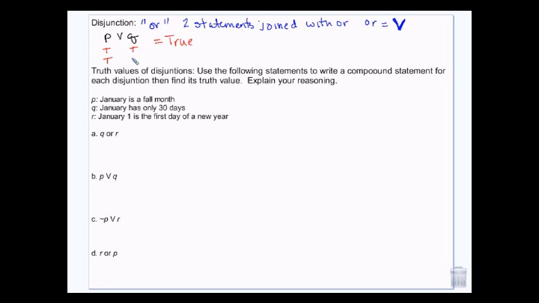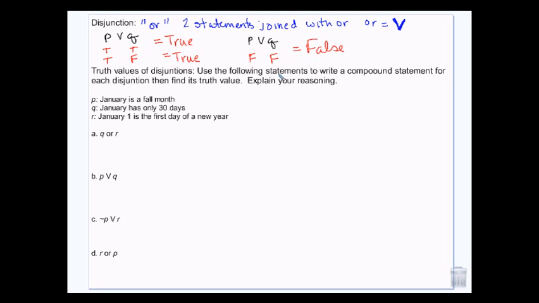If this is true and this is false, true or false, it's one or the other, right? So that is still true. The only way you get a false is if they're both false.